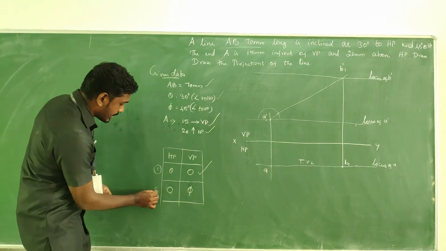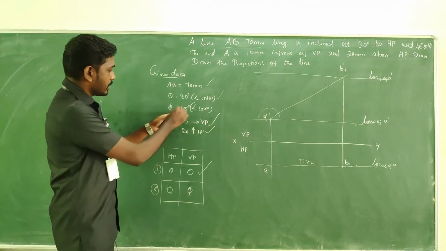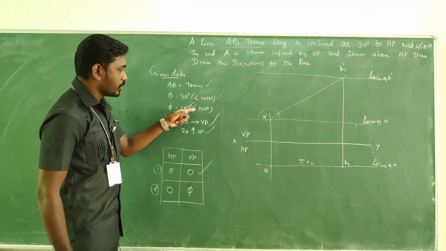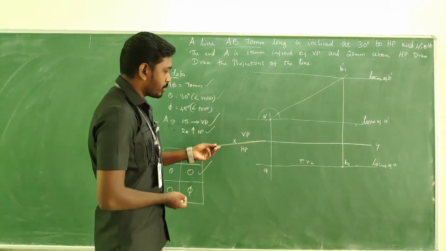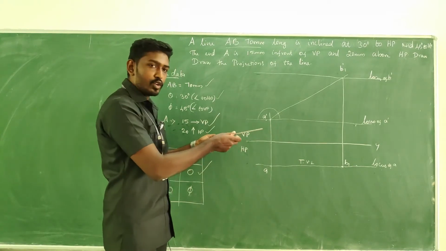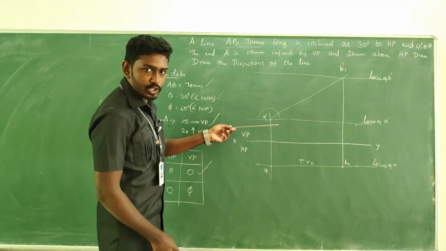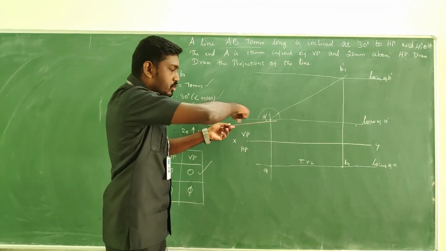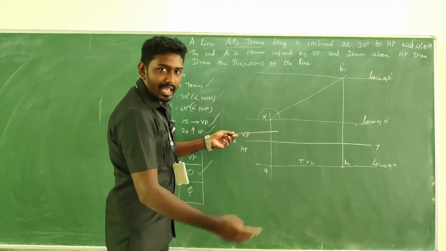We can go to the second one, phi. It is inclined 45 degrees to VP. As per the first angle projection, if it is inclined to VP, if I consider this a vertical plane and this a horizontal plane, from the top view we can see the true length. The projection happens in the horizontal plane.